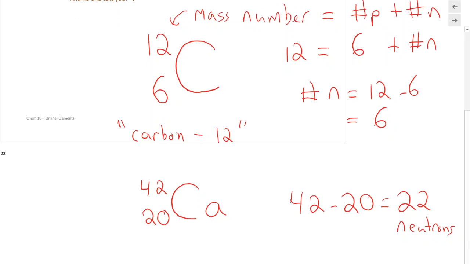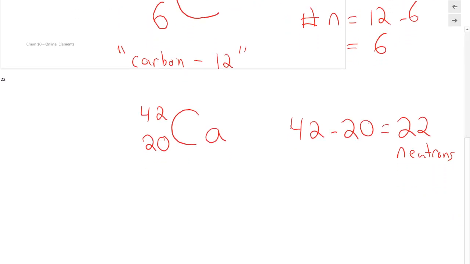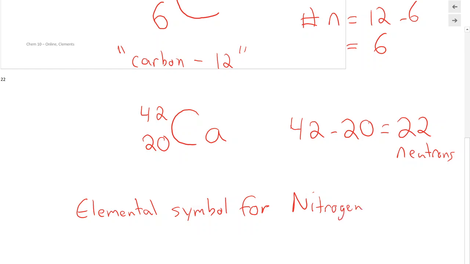Now another similar type of problem is what would be the elemental symbol for, let's say, nitrogen with 8 neutrons.